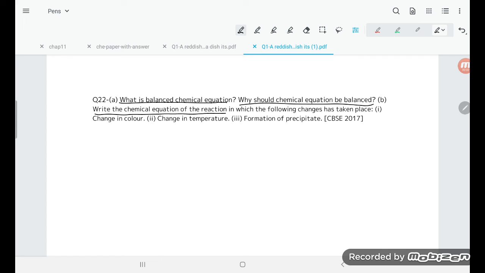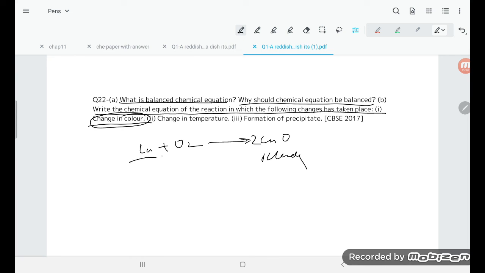Write the chemical equation for the following reactions. Change in color: Cu plus O2 gives CuO, which is black color, and the gray color is from silver chloride. Change in temperature: CaO plus H2O gives Ca(OH)2 plus heat released.